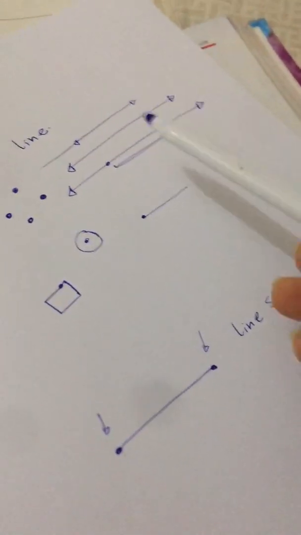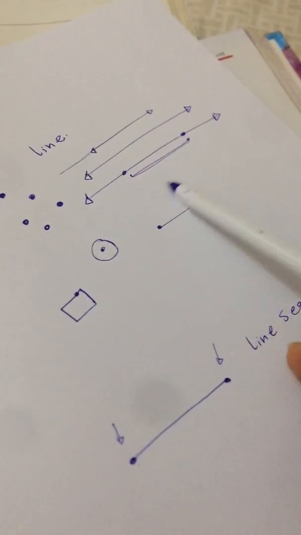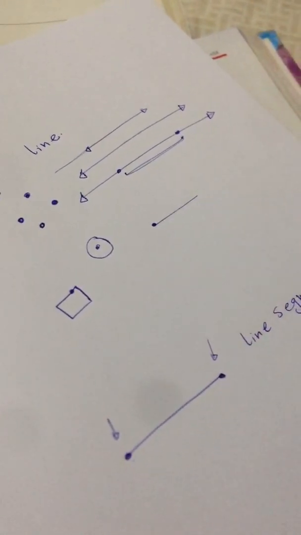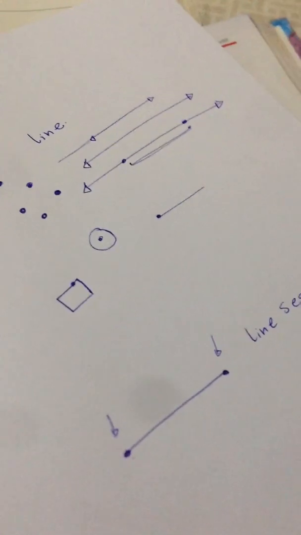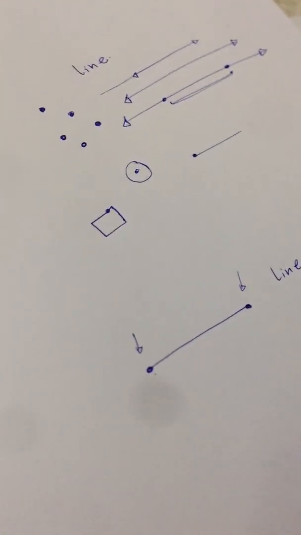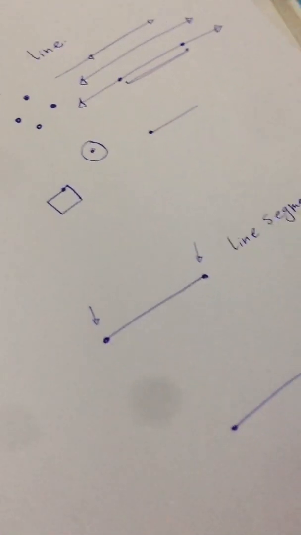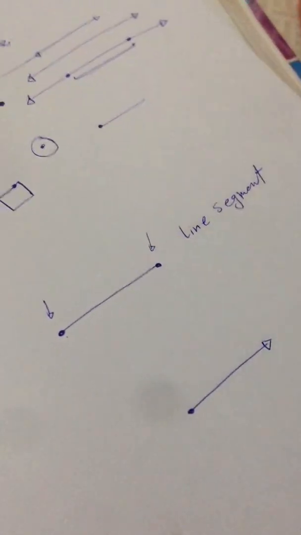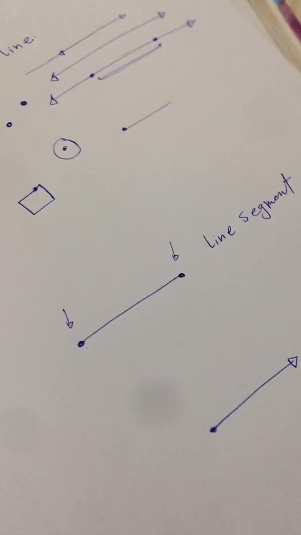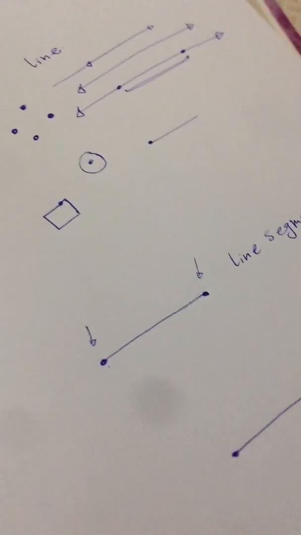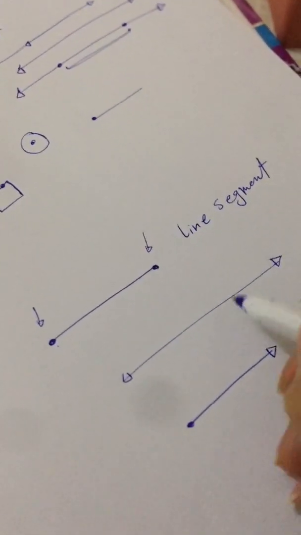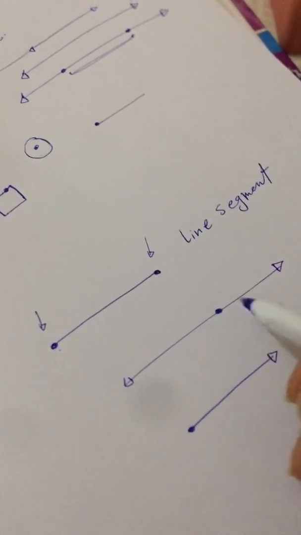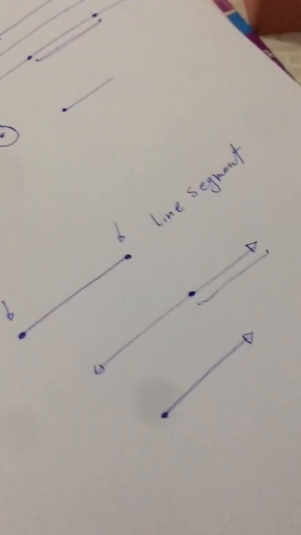Line segment is a part from the line and has two end points. Rays, like this one, are again part of a line. I have a line here. I can put a point. This is a ray.